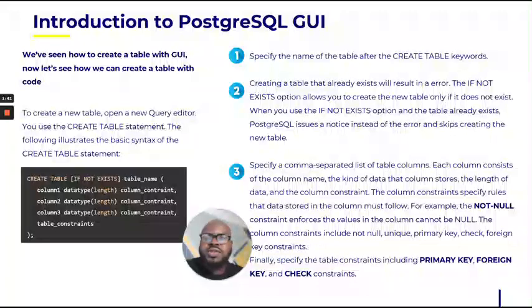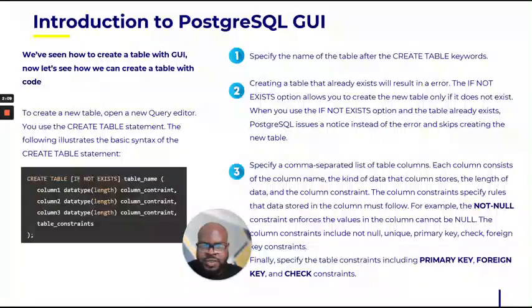If I do not put if not exist, if that customer table exists before and I try creating a table with the same name, it's going to throw an error. But the if not exist clause helps me counter that error and checks the Postgres database first to see if that table exists or not. So if it exists, it doesn't create that table again. But if it does not exist, it goes ahead to create that table.